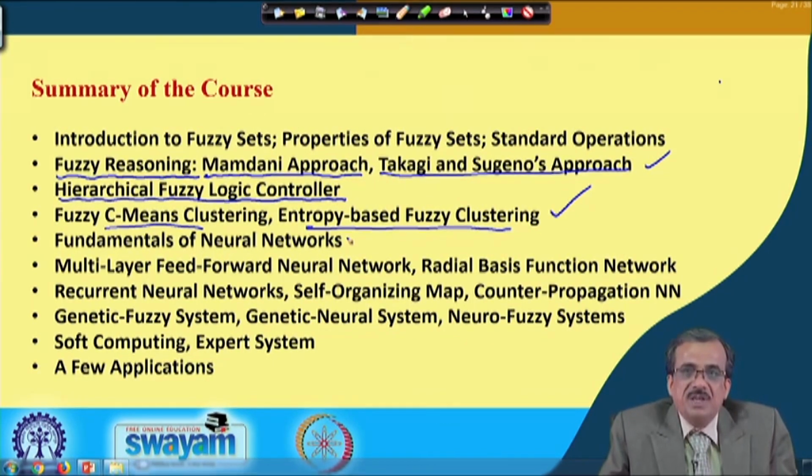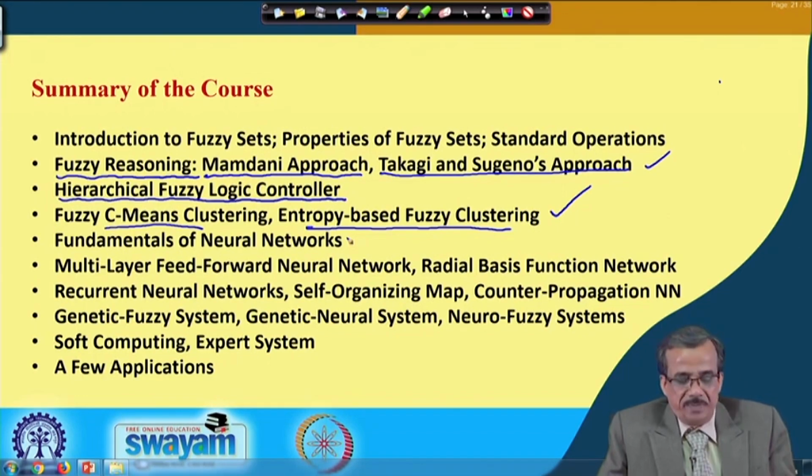Through these interactions, both the winner as well as its followers are going to learn and update their information, and ultimately you will get one network. That is the principle of unsupervised learning.